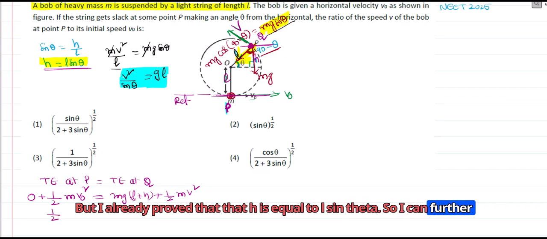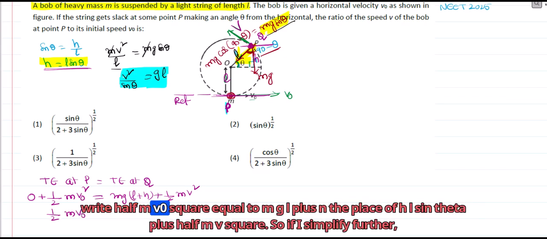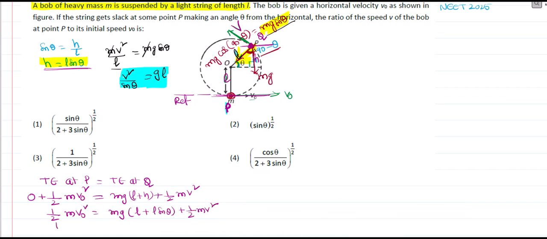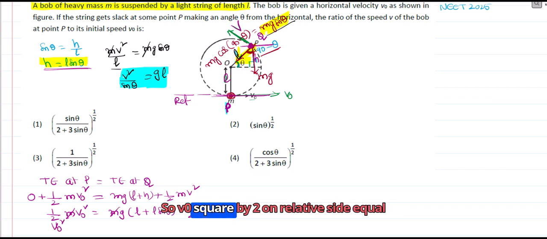So I can further write half m V naught square equal to mg of L plus, in the place of H, L sin theta, plus half m V square. If I simplify further, of course, first of all, m's can be cancelled.